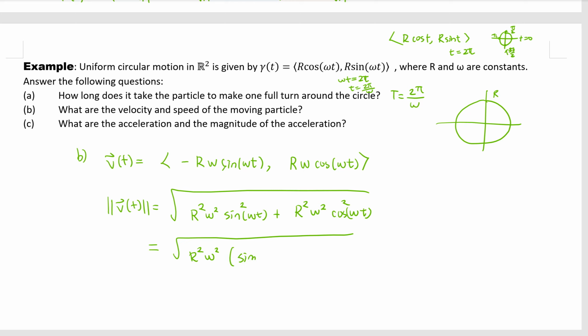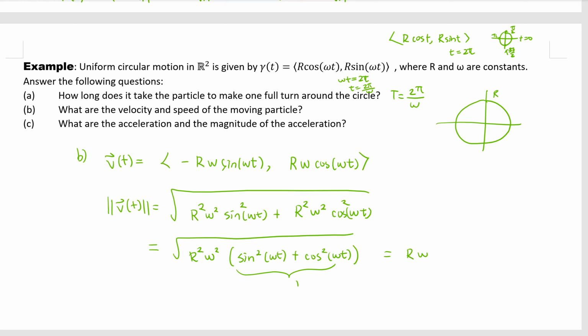Then we have sine squared omega t plus cosine squared omega t. So no matter what the angle is, sine squared plus cosine squared equals 1. Then the square root of r squared is r, the square root of omega squared is omega, so the speed is r times omega. So far, so good?